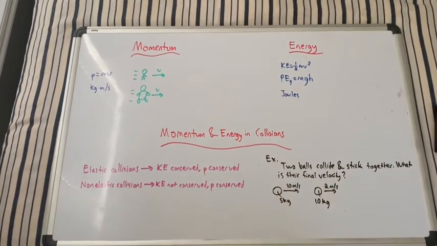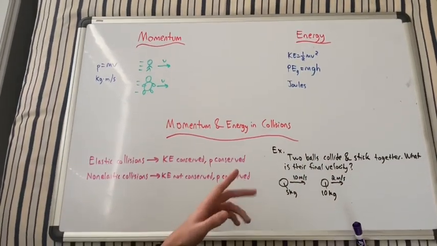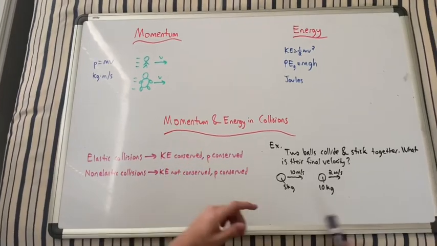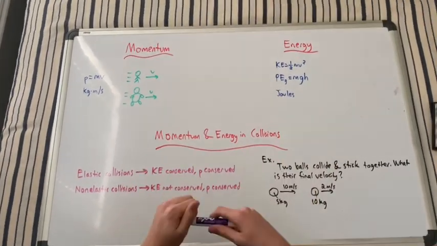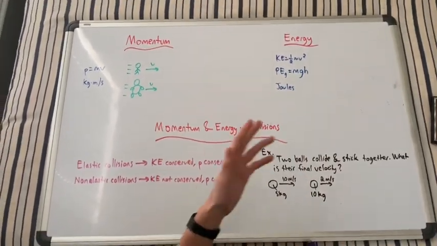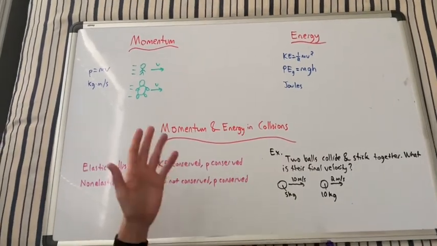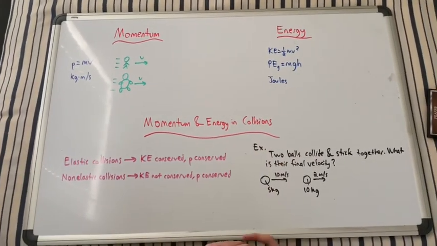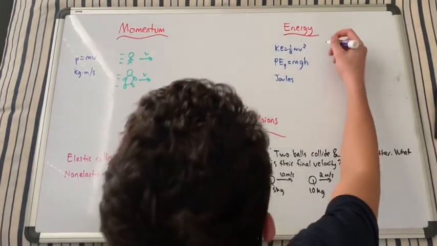We talked about work a couple videos ago, and there's a useful relationship between energy and work that I'm going to briefly write down because you might need to know it.